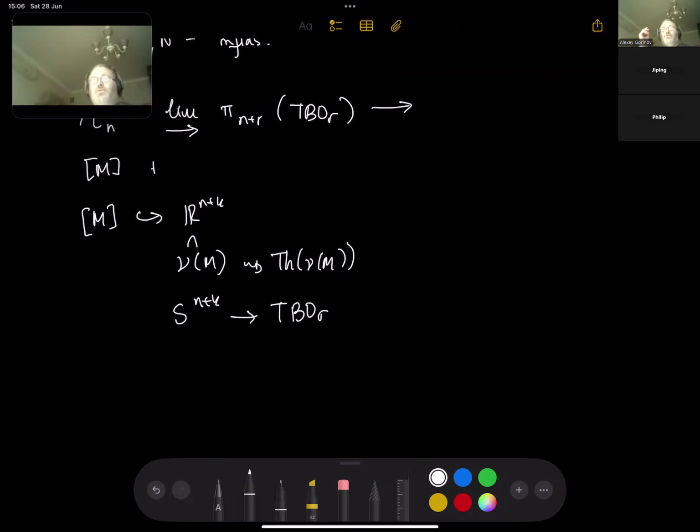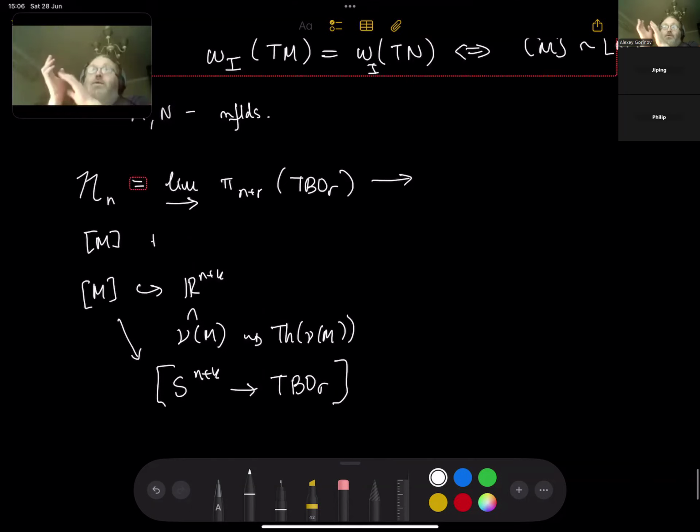Okay, so we have two maps. We have a map from M to BO_K, and we have a map from the sphere to TBO_K. The second one is the Thom space construction applied to the first one.